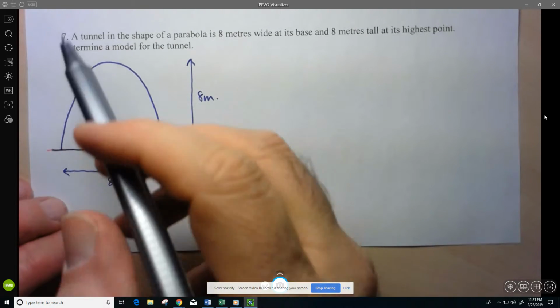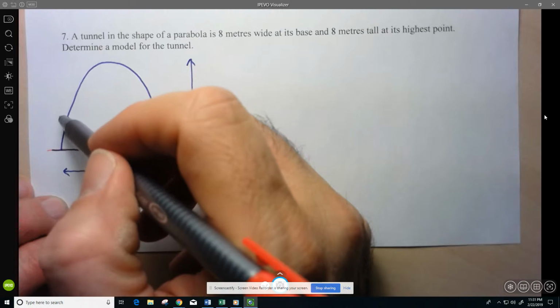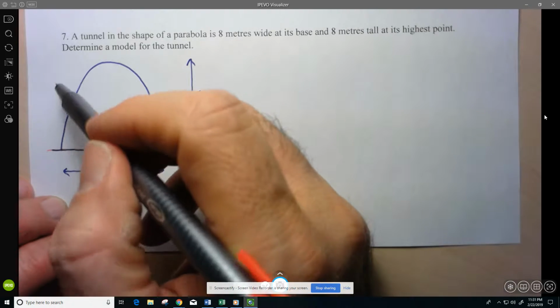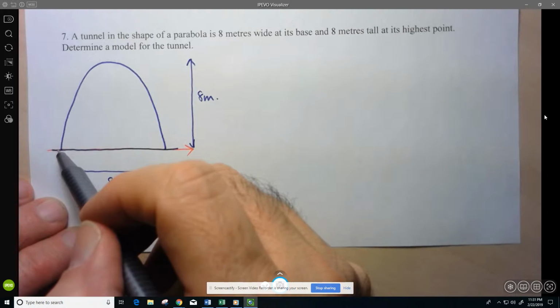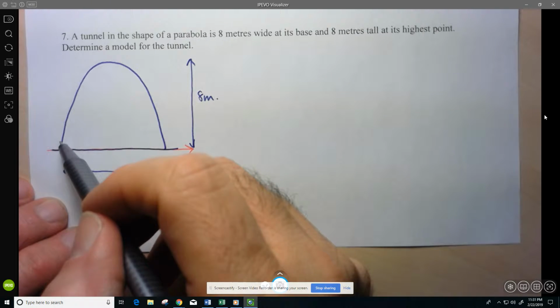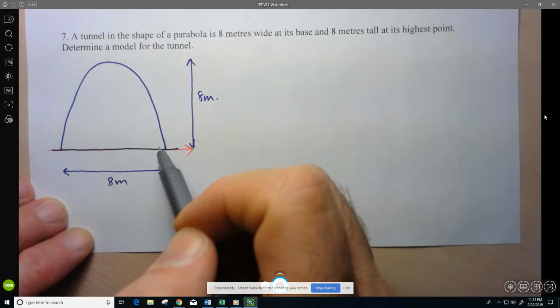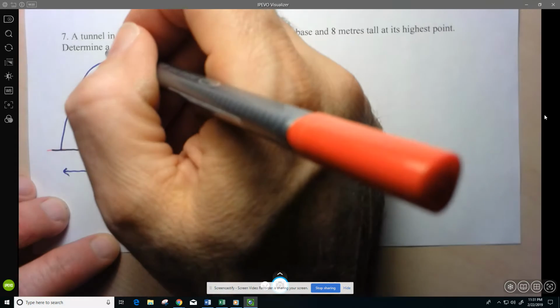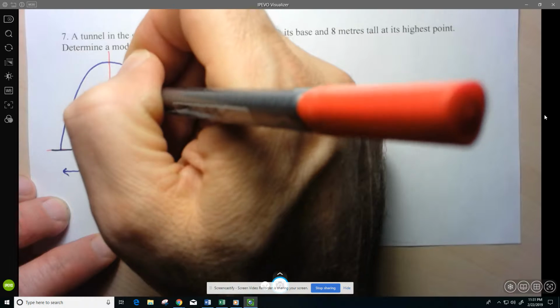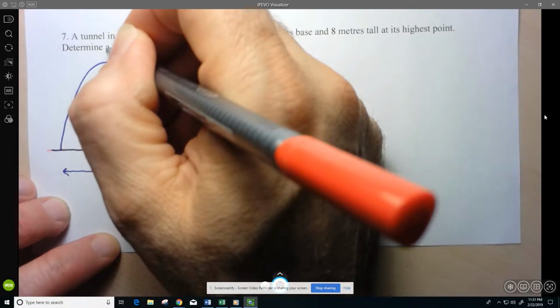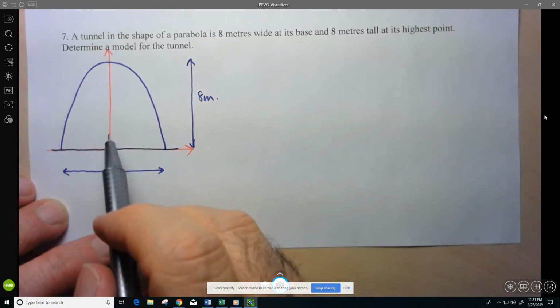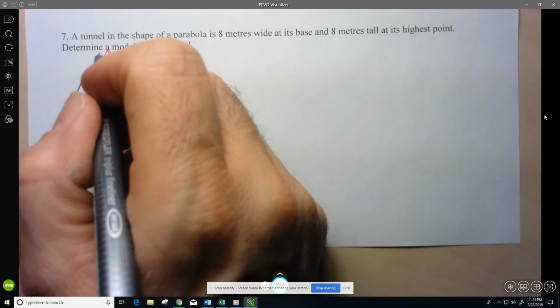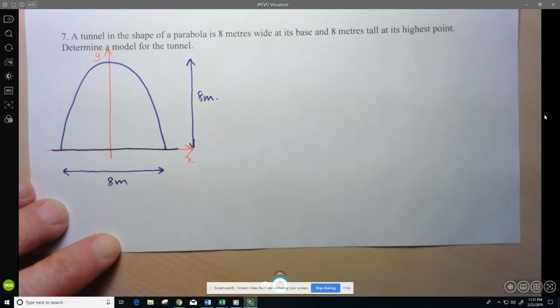You could certainly put it right here at the beginning, where the tunnel starts. I would say that would be a likely place to put it, so then it goes up and comes down. Or maybe even better, why not put it right through the middle of the parabola? In other words, make the y-axis the axis of symmetry for this parabola.